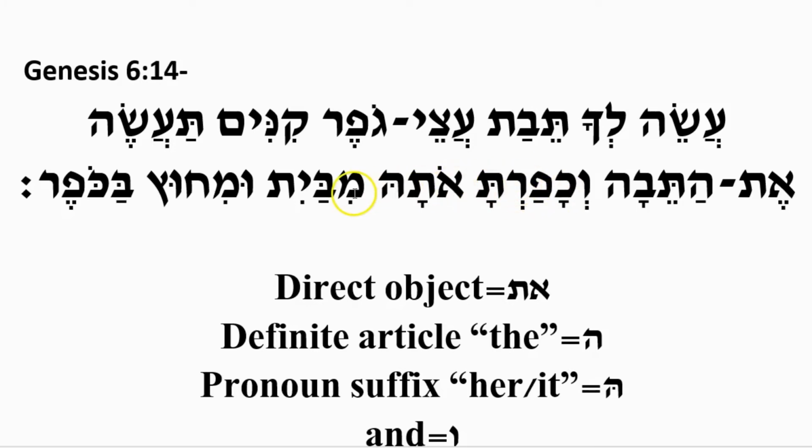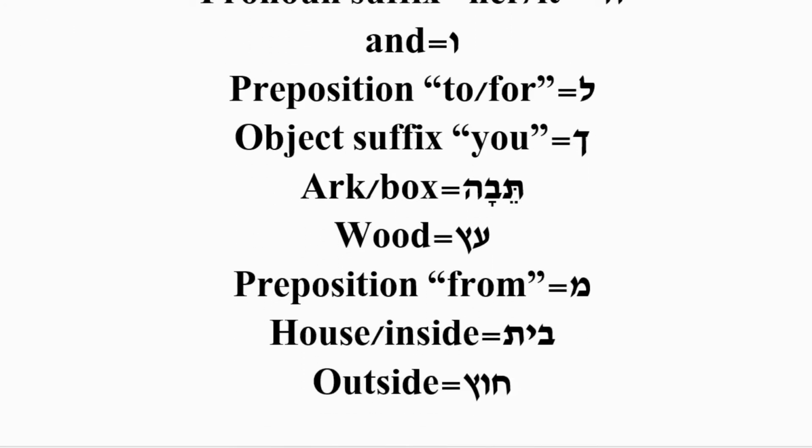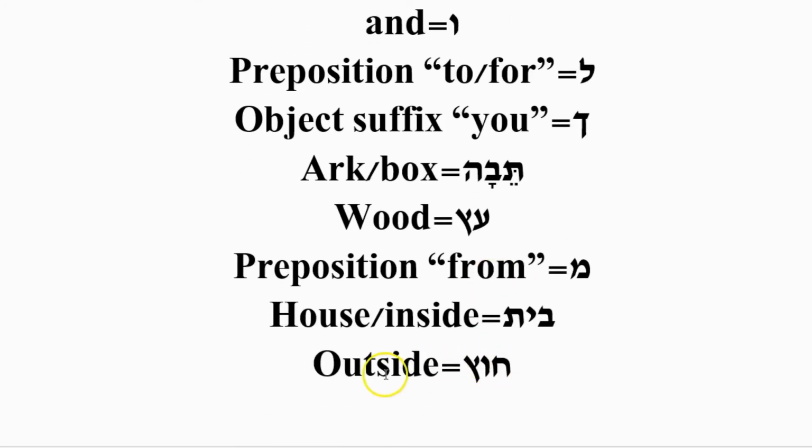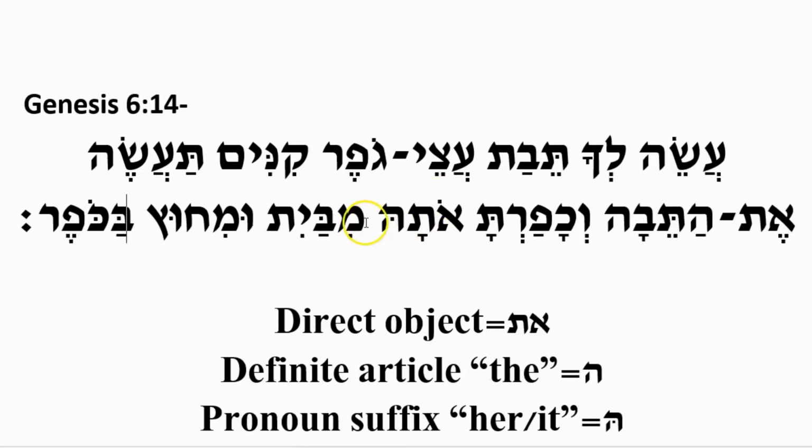Kafarta ota mebait umechutz. So bait means house, and can mean inside, and chutz means outside, and the mem means from. Let's go back up. Mebait, and you should basically smear it or cover it. Kafarta ota, you should cover it.